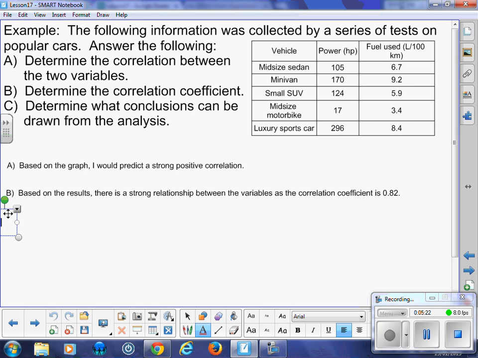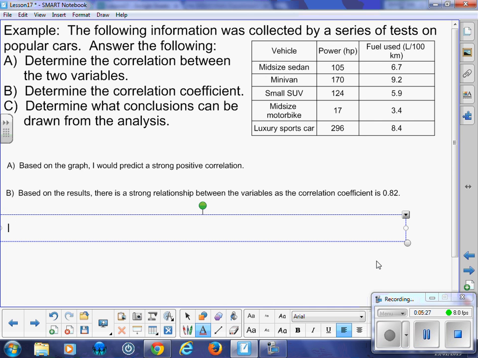And then to finish that off, question C, what conclusions can be drawn? There is definitely a strong, positive relationship between power and fuel consumption.